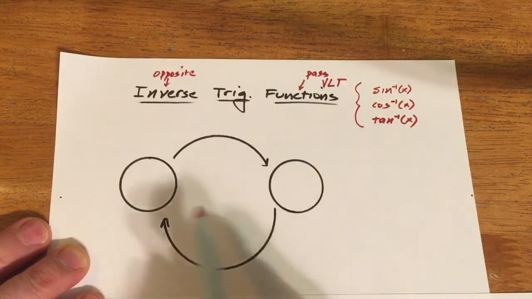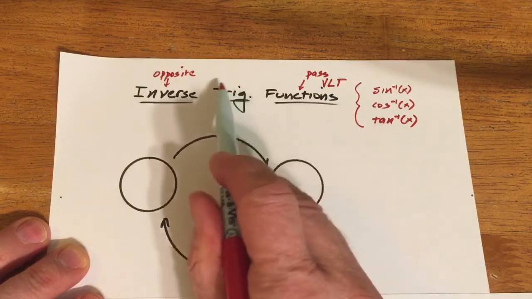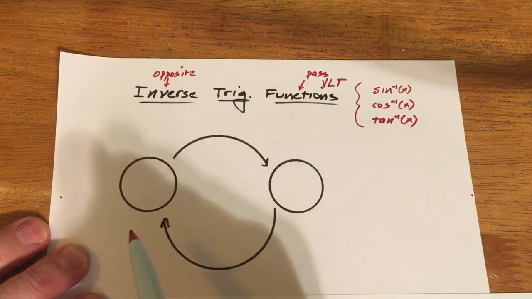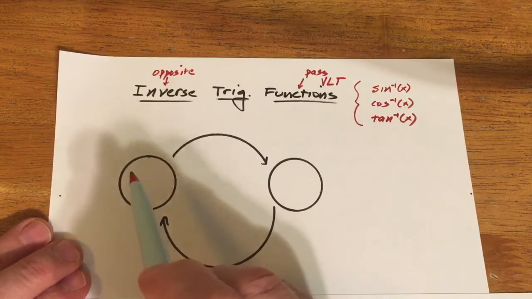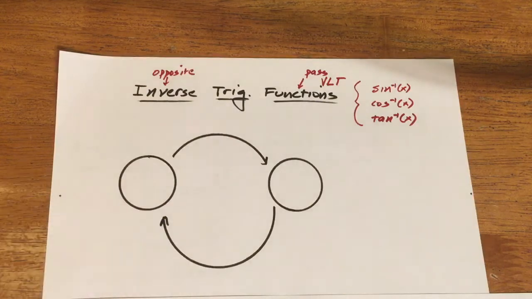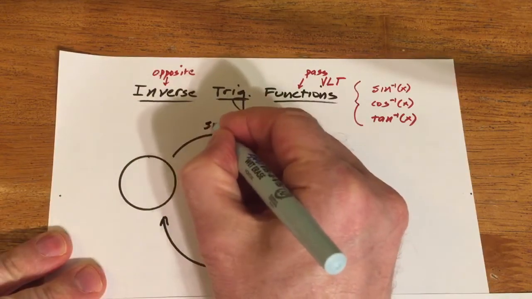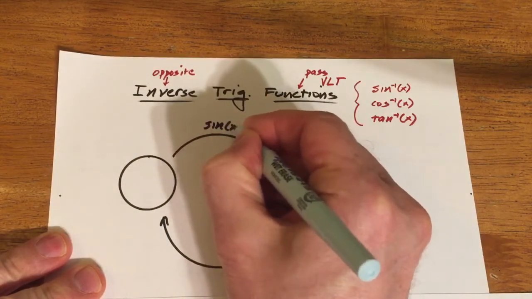And so we're going to combine together what we know about inverse functions with what we've learned in trigonometry so far in this course. Let's take a look at an example of inverse functions. In fact, suppose we're talking about the function sine, which we know quite a bit about. I'll put sine x right here.